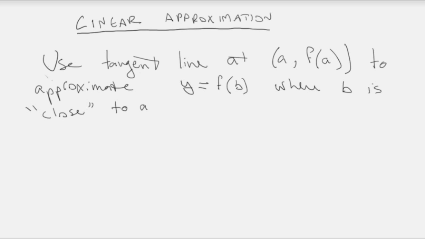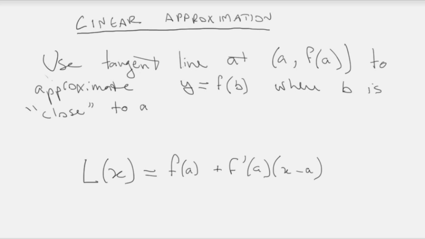The formula for the line used in the linear approximation is this one. We can see this line L is just in the standard form of a line. We've got f of a, that's the y-intercept, plus f prime of a, the derivative at a, which is the slope of the tangent line, times x minus a.